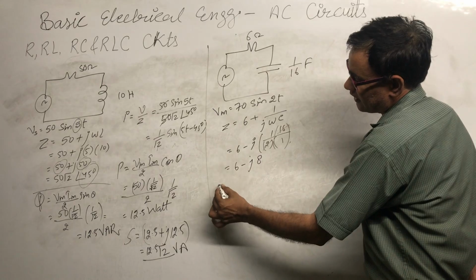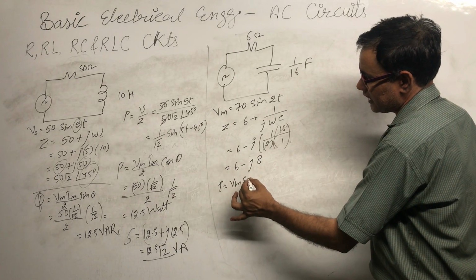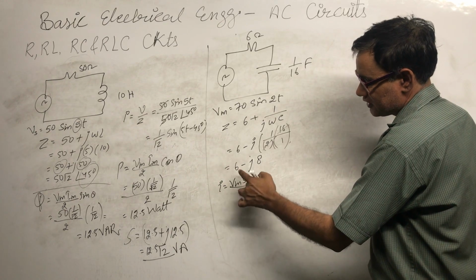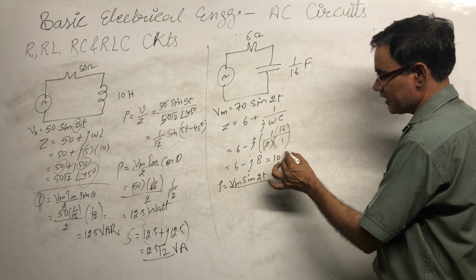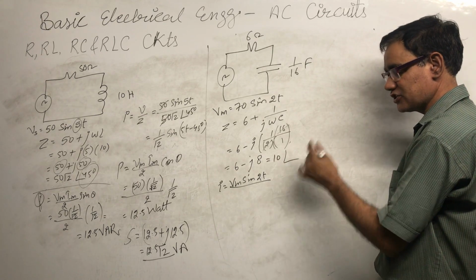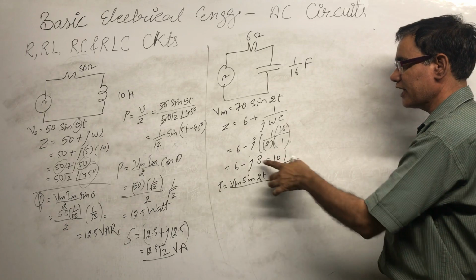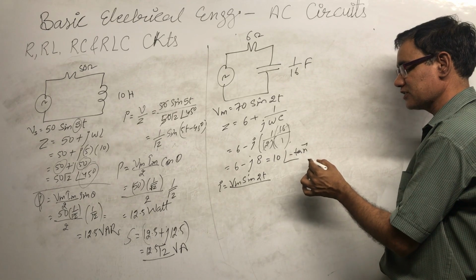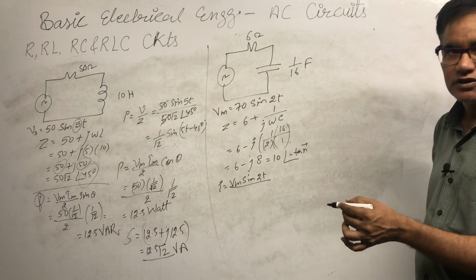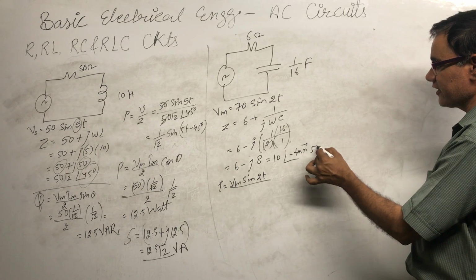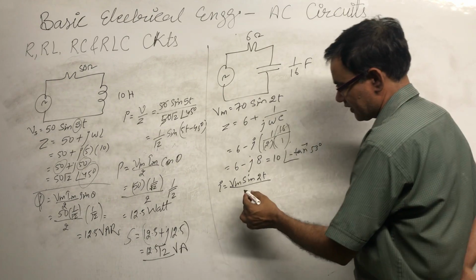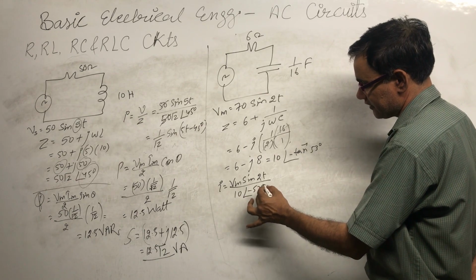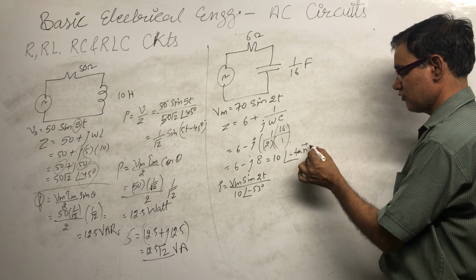So current is equal to Vm sine omega t, that is sine of 2t, divided by the impedance. The magnitude is the square root of 6 squared plus 8 squared, which is 10, and the angle is minus tan inverse 8 upon 6, that is approximately 53 degrees. So the impedance angle is minus 53 degrees, tan inverse 4 by 3.